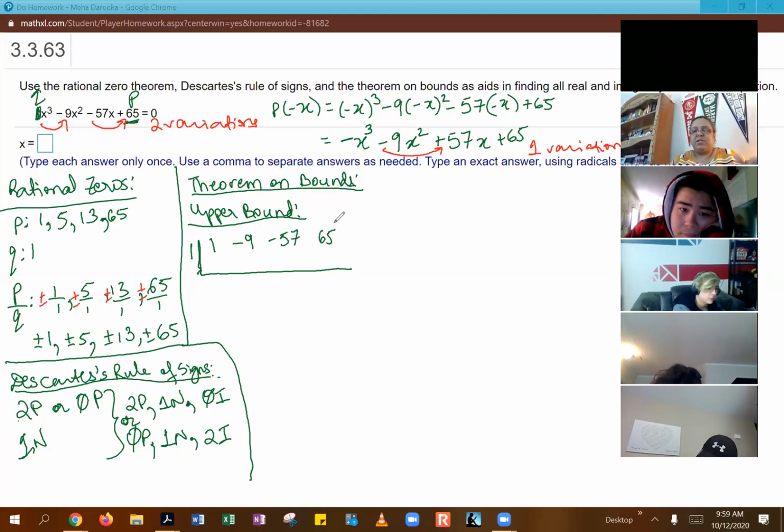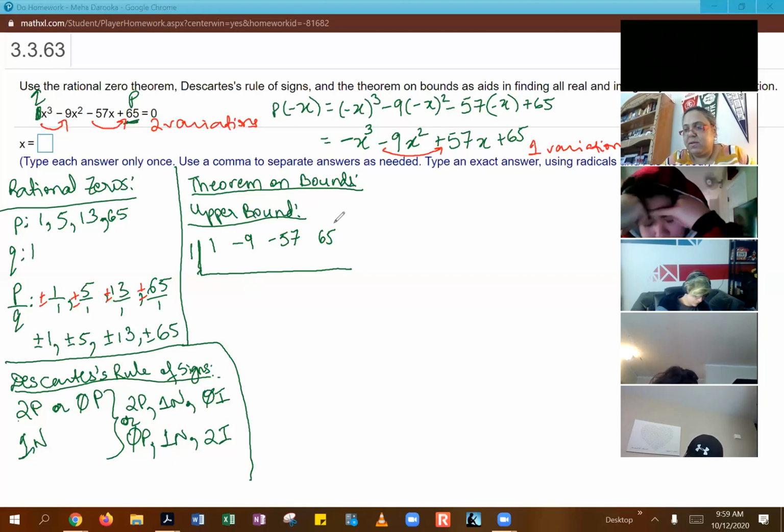So keep going with the positive numbers till your bottom row is going to be non-negative. So remember, non-negative means 0 or a positive number.